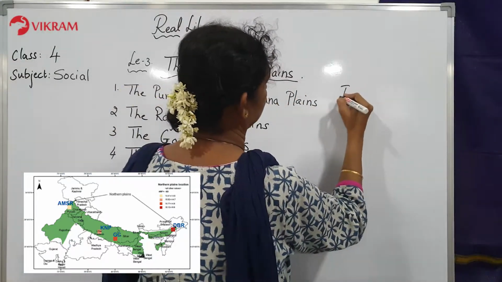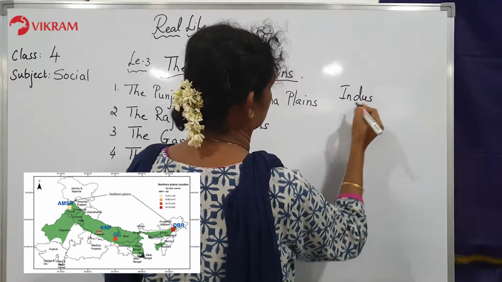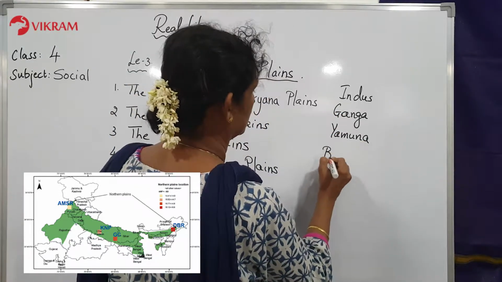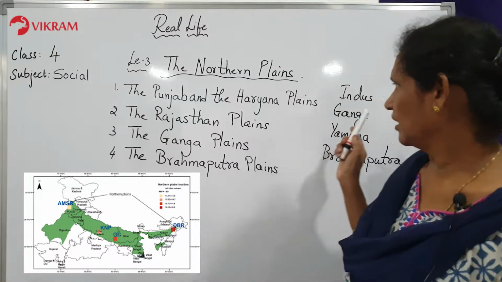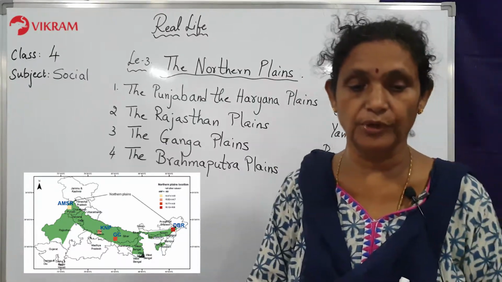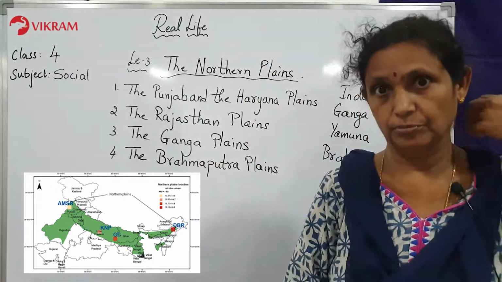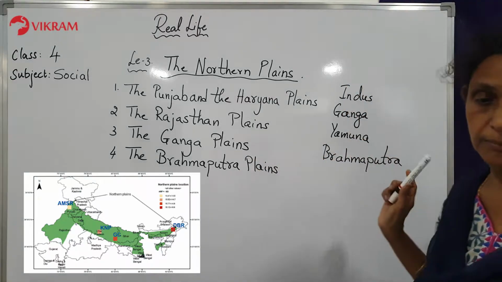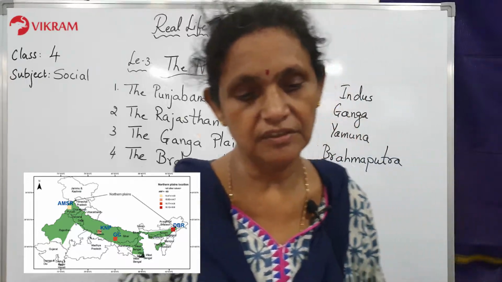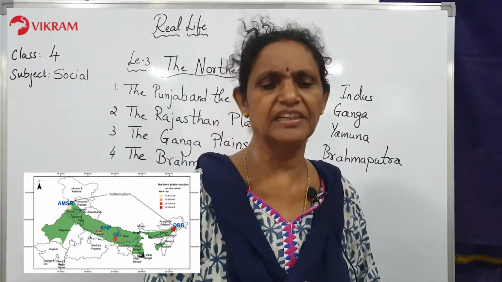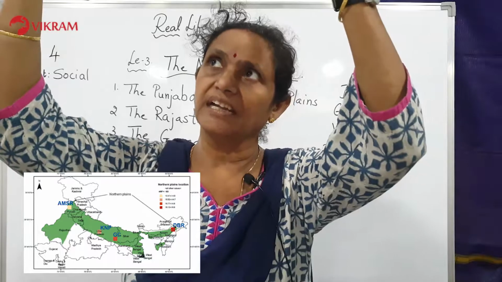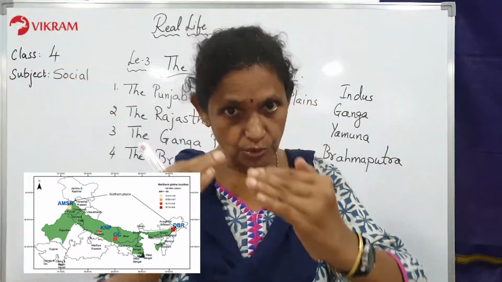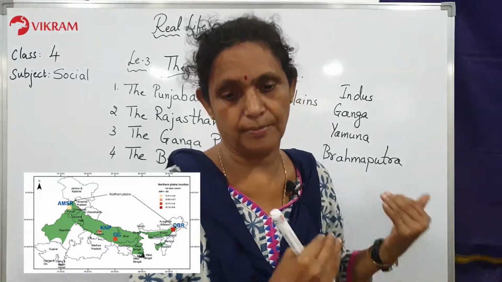You have the Indus, the Ganga, the Yamuna and the Brahmaputra. So we come across the 4 rivers which are flowing from the Himalayan sides. These are very important perennial rivers that flow from the height of the Himalayas to the places of Punjab and all that.